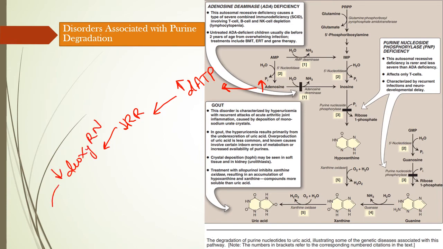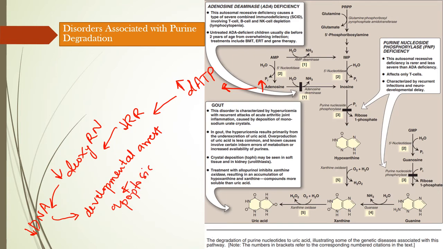When deoxyribonucleotides cannot be formed, then DNA synthesis is impaired. And when DNA synthesis is affected, there is depletion of lymphocytes causing lymphocytopenia. This is due to developmental arrest and apoptosis of lymphocytes.